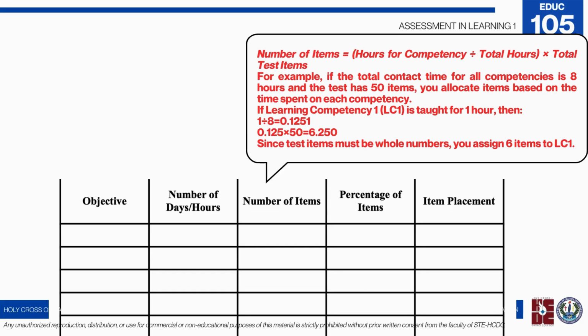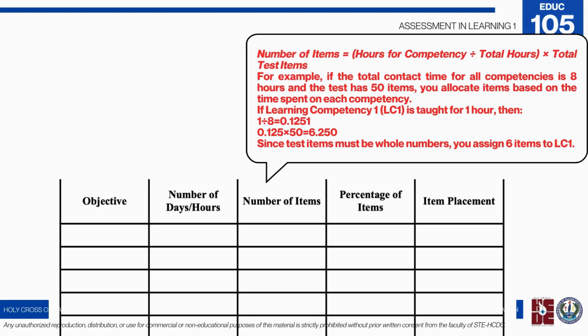That means if that learning competency is delivered for more than 2 hours, then it should get more than 12 items. So the more hours spent on a learning competency, the more items should be made.